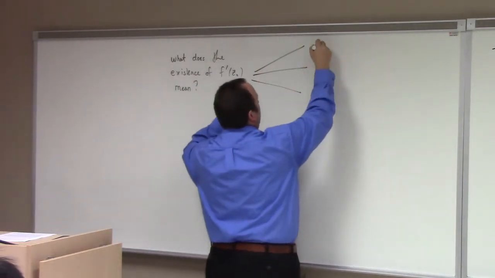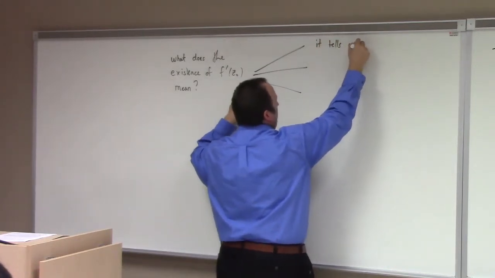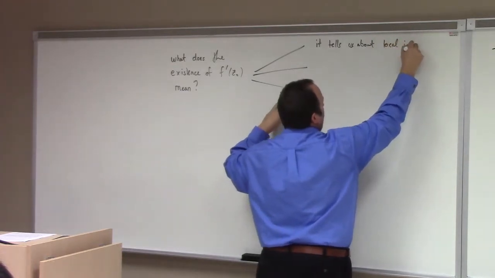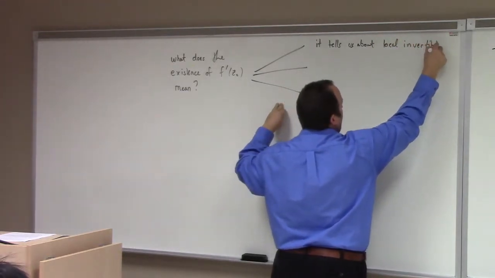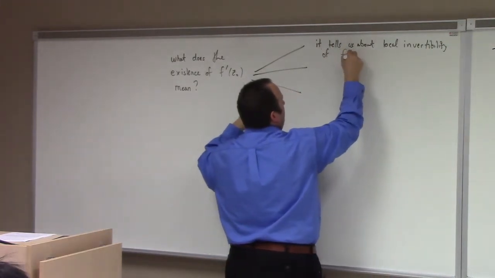First of all, it tells us about local invertibility of f of z.